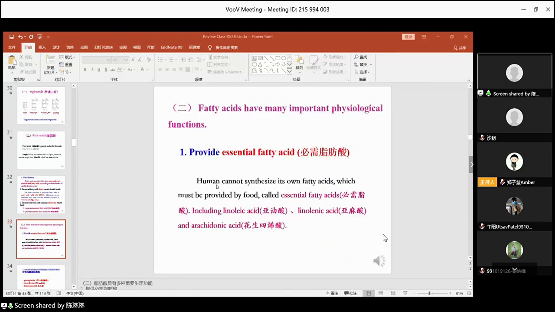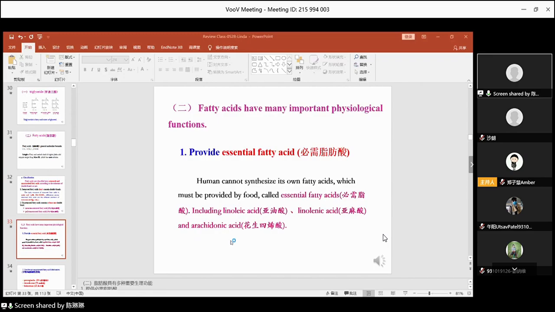And the next key point about fatty acids is essential fatty acids. In this part, I will give you single choice questions, and you should remember the components of the essential fatty acids. There are three kinds of essential fatty acids: linoleic acid, linolenic acid, and arachidonic acid.